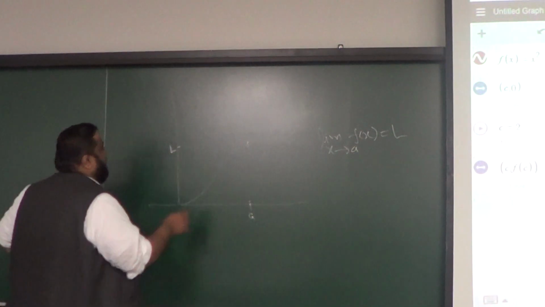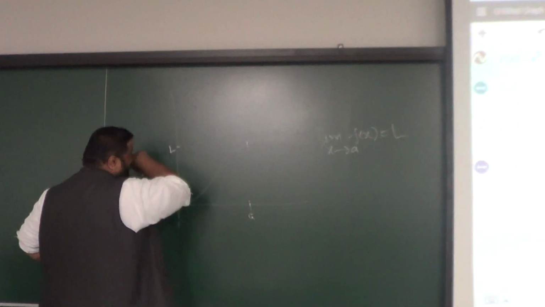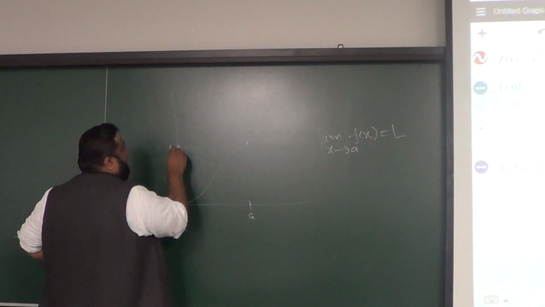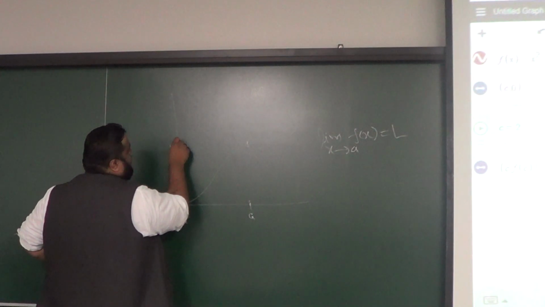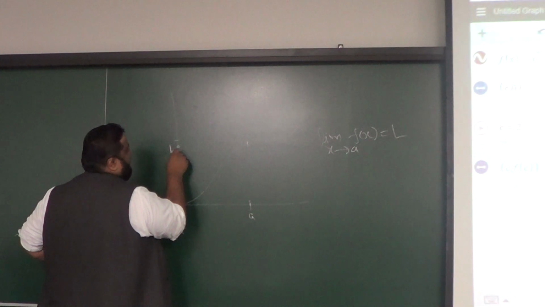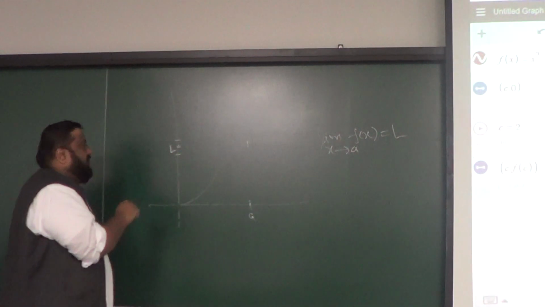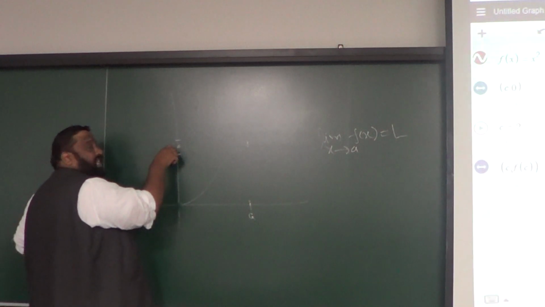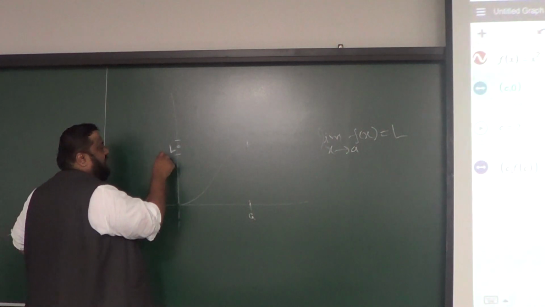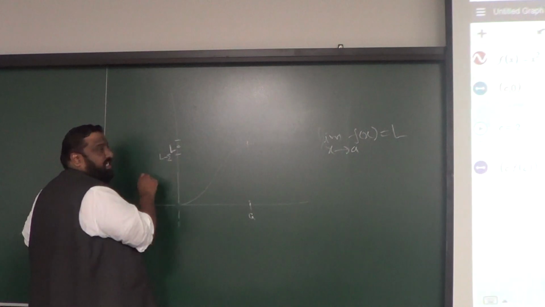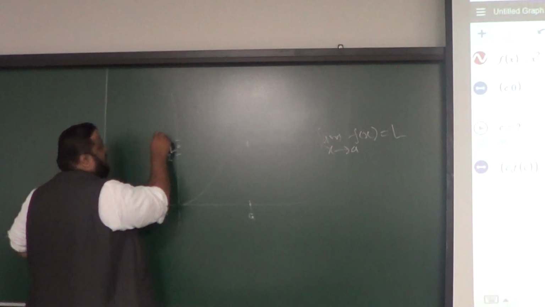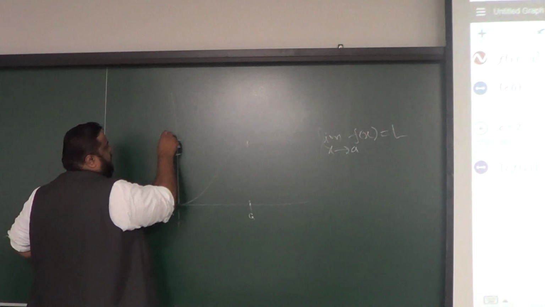So if this value is L, and I take some bunch of values above and below L, I don't know how much this length is, so it's pretty small, so let's call it L minus epsilon, and L plus epsilon.